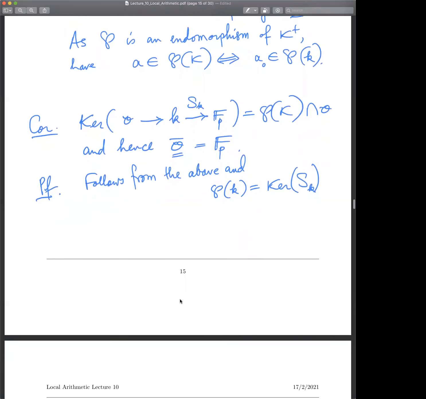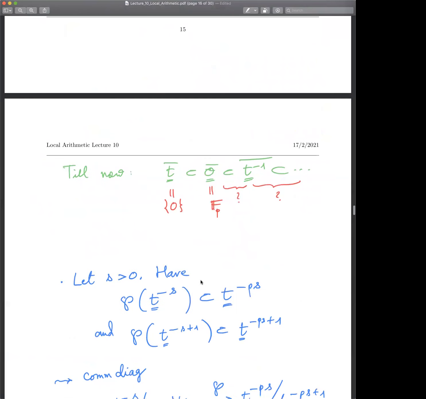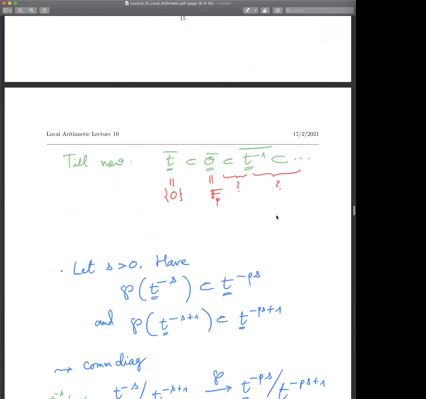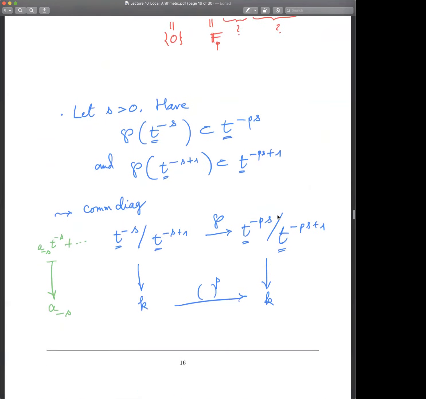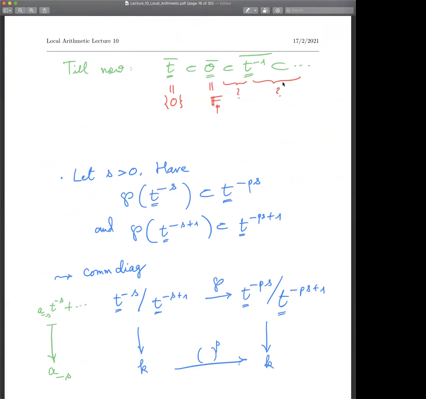Right. So till now, what we have proved is that T bar is 0, O bar is equal to Fp, and then we have to figure out what these successive quotients are, where the question marks are.